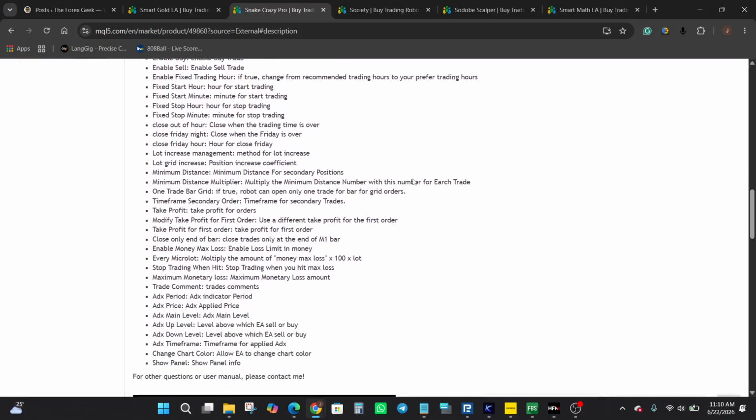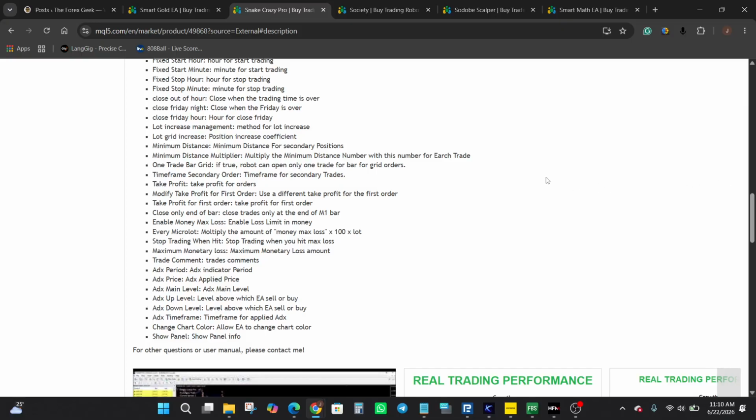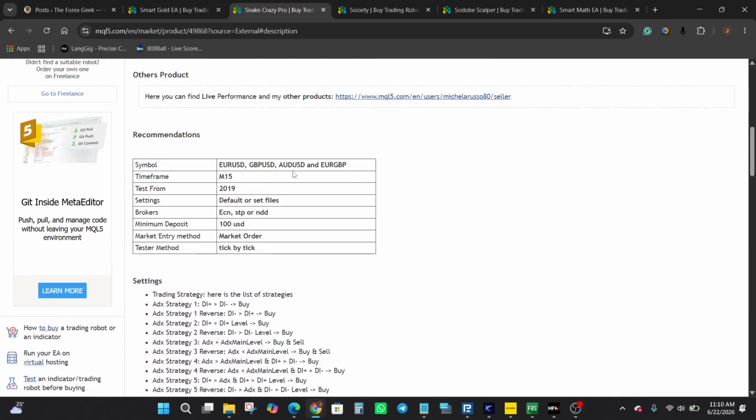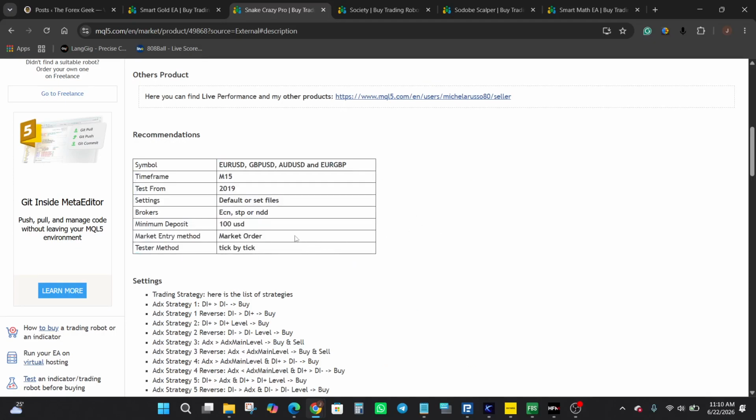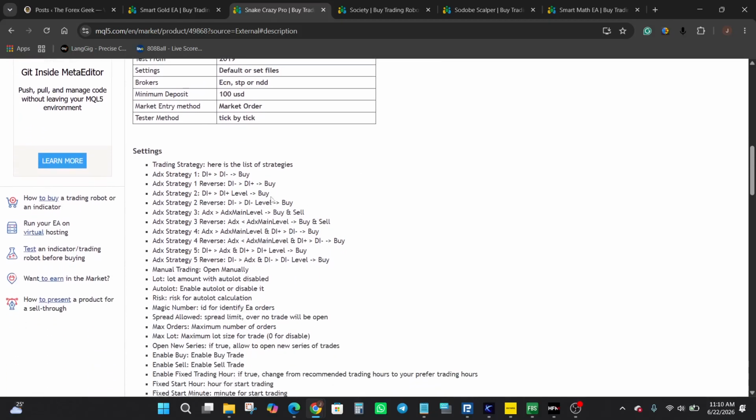Before moving into the backtesting section, the recommended setup provided on the Marketplace page, like I already mentioned, includes these pairs. And according to what we have here, the test started from 2019 with a minimum deposit of $100 recommended. Tick-by-tick testing methodology as well.